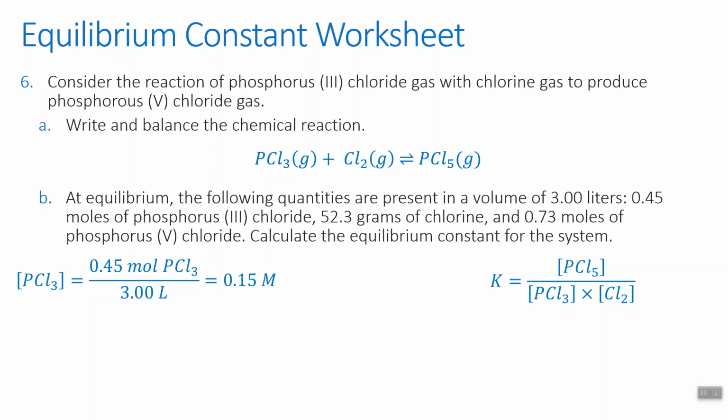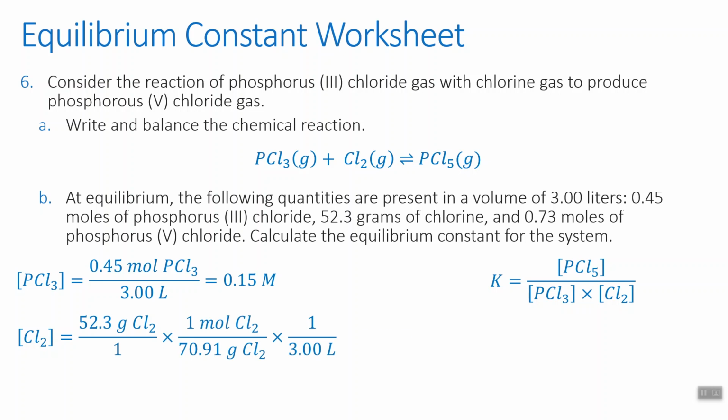So what we're going to want to do here is take that 52.3 grams of chlorine and get molarity. I need to get my grams into moles by dividing by my molar mass, and then I need to divide by the 3 liters. So that gives me my concentration there. And for the phosphorus(V) chloride, we're given moles, so we just have to do moles over liters.